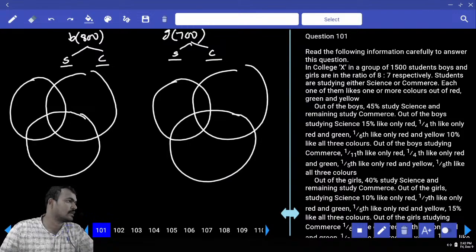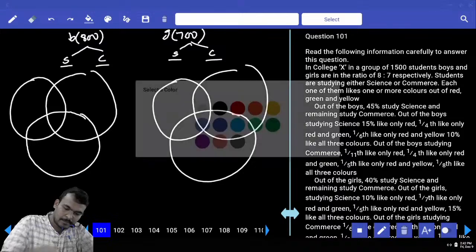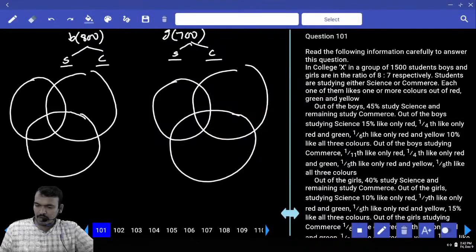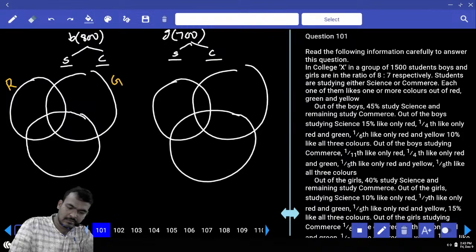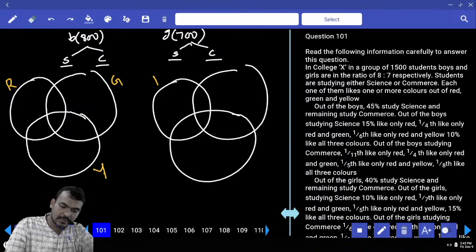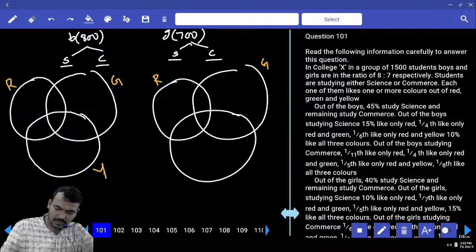One is the boys' case, another one is the girls' case. What is the first one? Out of the boys, 45% study which one? Science. And here one is red color, another one green color, next one yellow or not. Okay, red color, green color, yellow color.